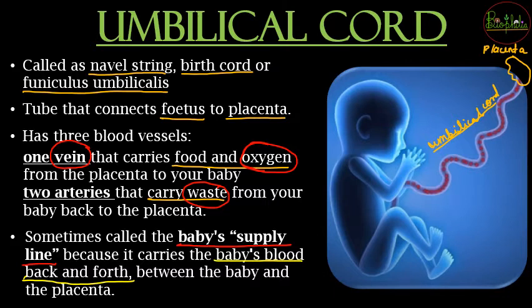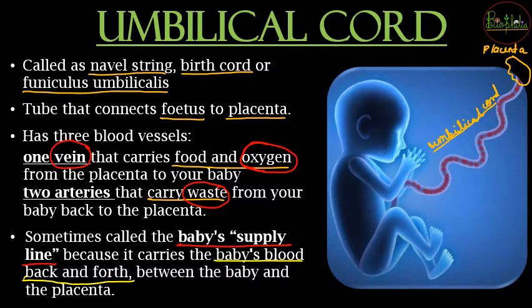So हो सकता है that the complete circulation, whatever occurs, is going to occur in the umbilical cord, so that once it goes, it comes back, flows into the fetal body, again goes out from the umbilical cord, exchange होगा at the placenta, and all those things occur. That is the reason sometimes it is also called as baby's supply line.